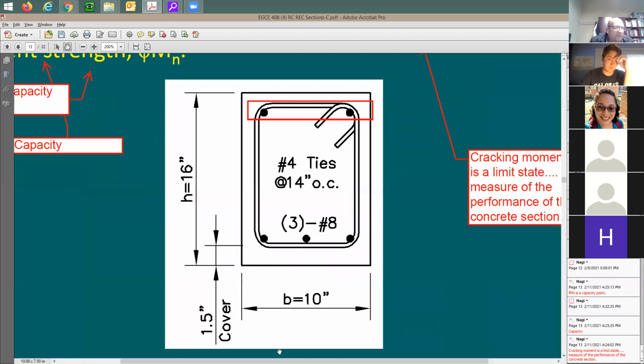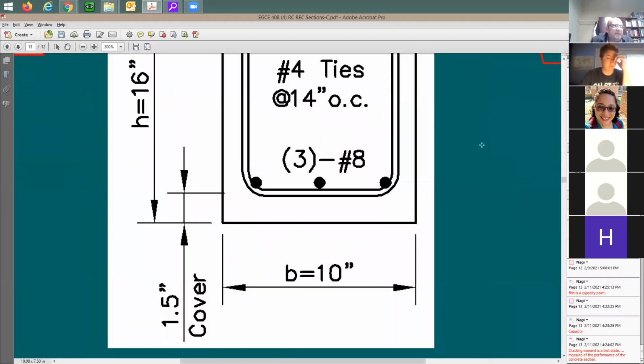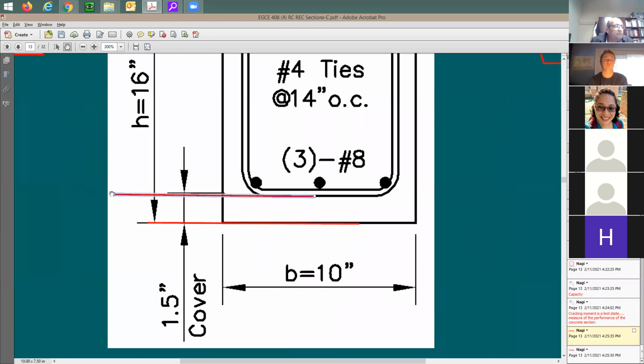What is this 1.5 inch? From where to where? You can say from here to here. Do we consider that in our analysis? I don't think so, right? Because it's not the behavior of the concrete.